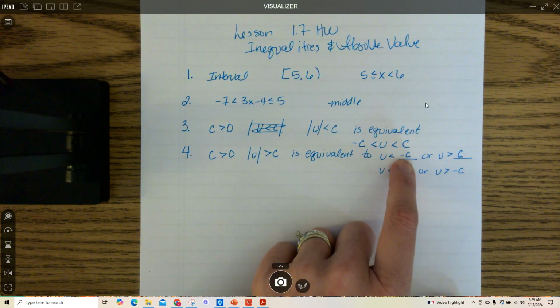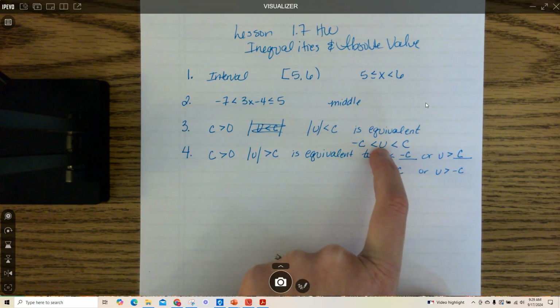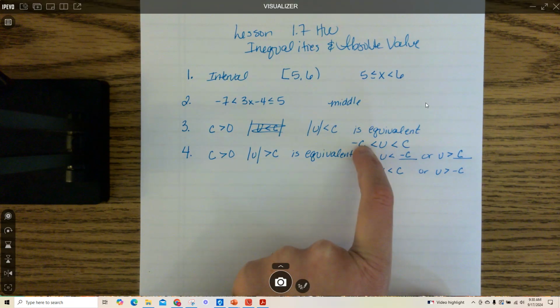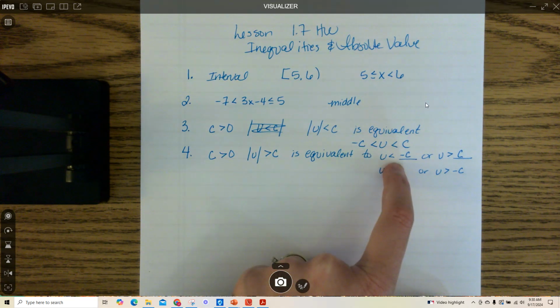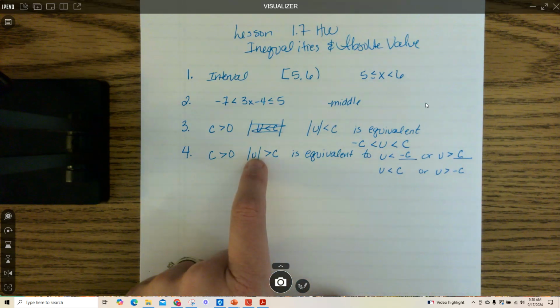So it's negative c, then positive c? But that doesn't make sense, because this one says the opposite. But the signs are switched in the beginning part. Oh, the signs here are switched? Yes.